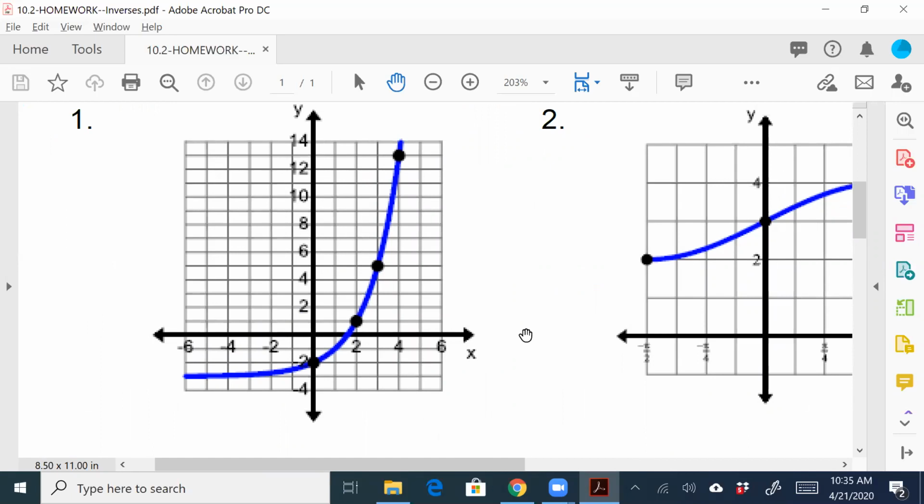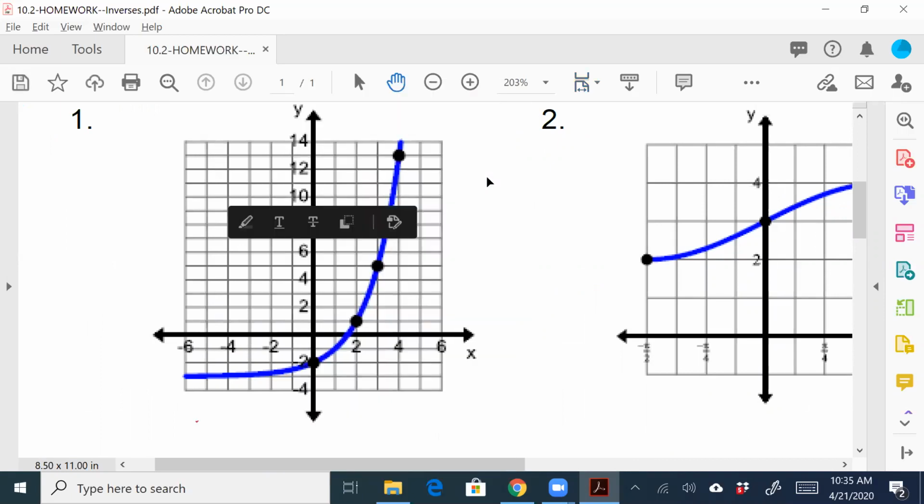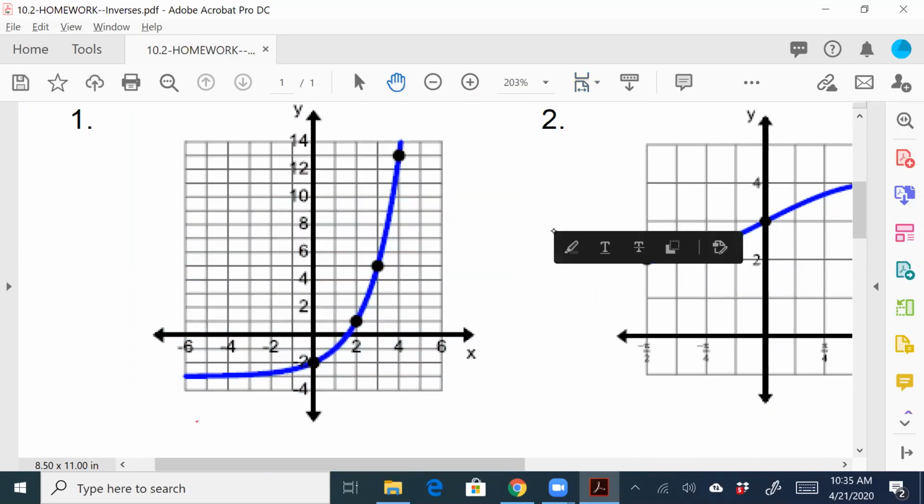And so we go to negative 2, 0, and I put a dot there.